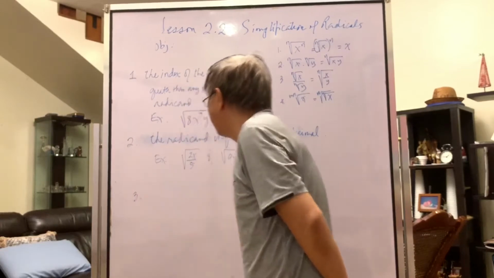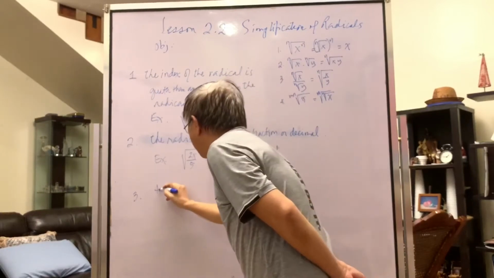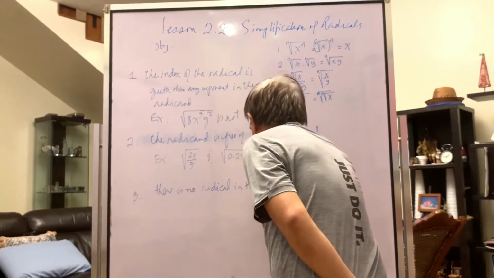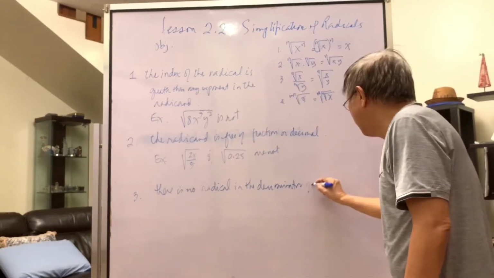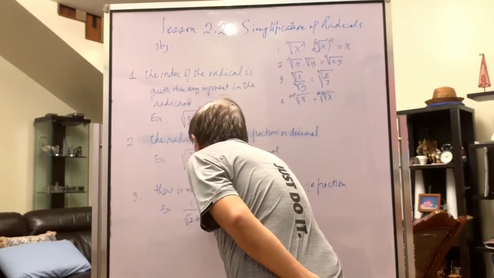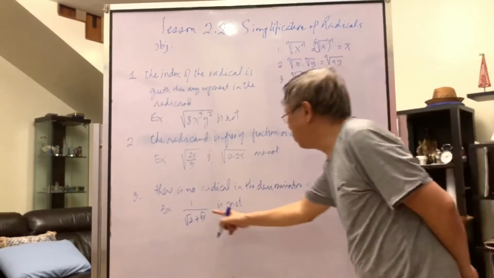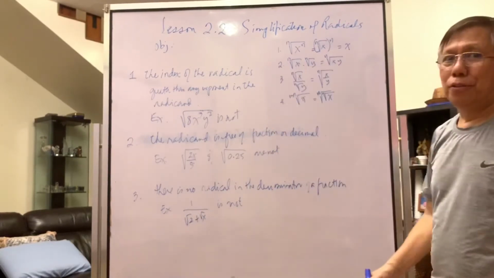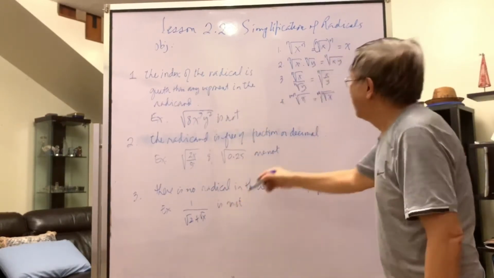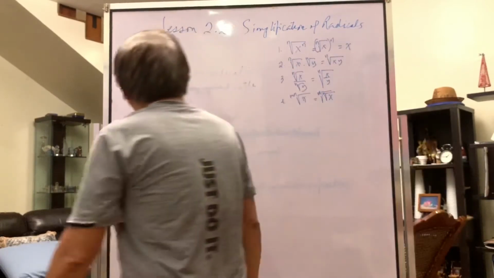And the last one, a radical expression is in its simplest form if there is no radical in the denominator of a fraction. Example, 1 over square root of 2 plus the square root of x is not in simple form because of the presence of this denominator. So for today, we're going to simplify these types of radicals using these laws of radicals that we have discussed earlier. Let's have some exercises.